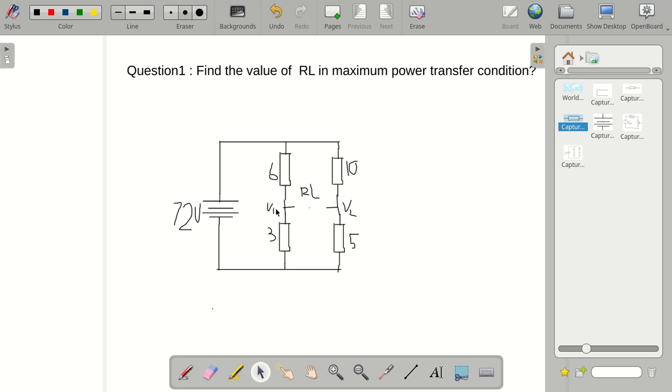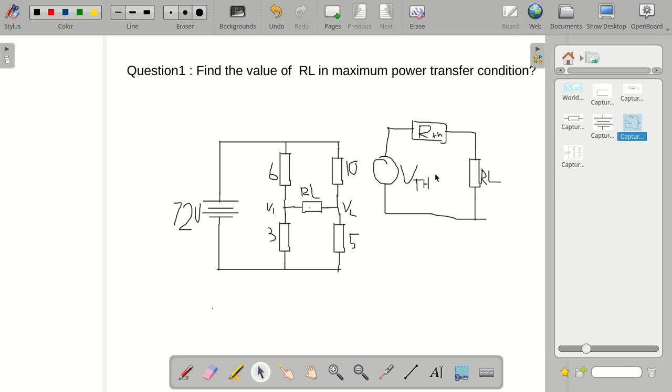The difference of V1 and V2 will be the Thevenin voltage for this equivalent circuit. So the Thevenin circuit will look like this. This is the Thevenin equivalent circuit for this network. Here RThevenin can be found by deactivating this voltage source and then finding the equivalent resistance between these 2 points.